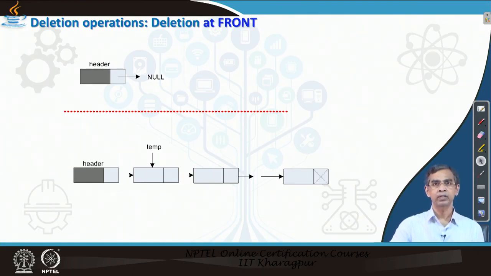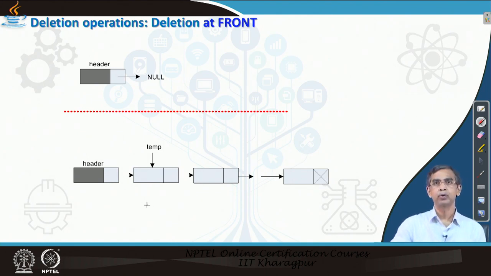So, in that case, if you call the method for a linked list, it will not return anything, rather it will return null. And the second case, the linked list is non-empty. In that case, the deletion will be simply manipulating the links.